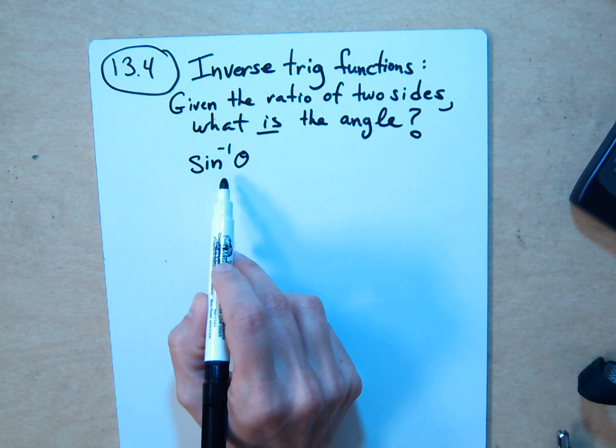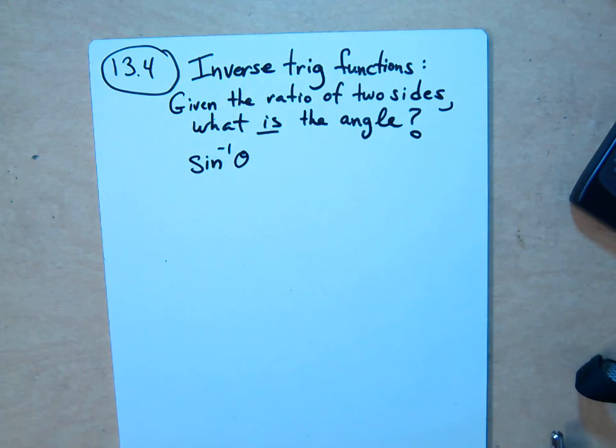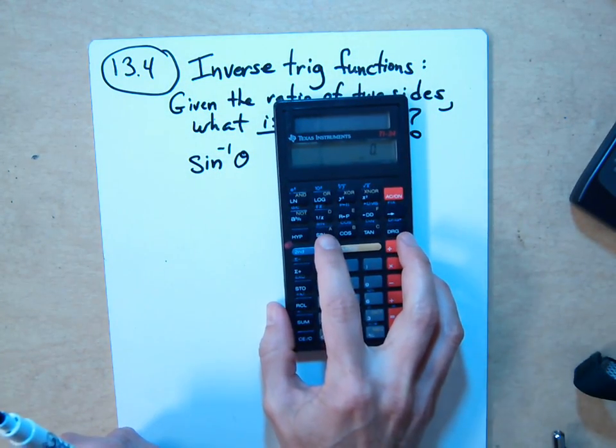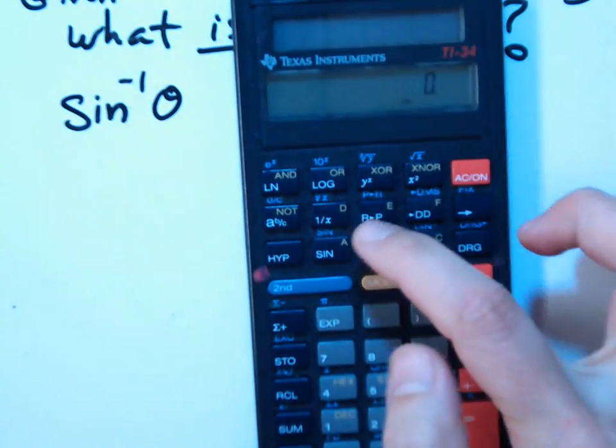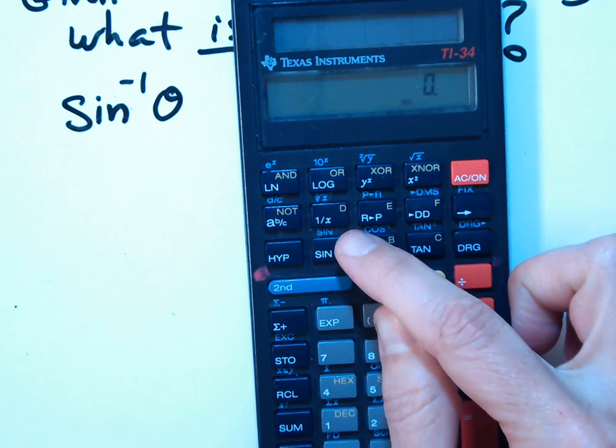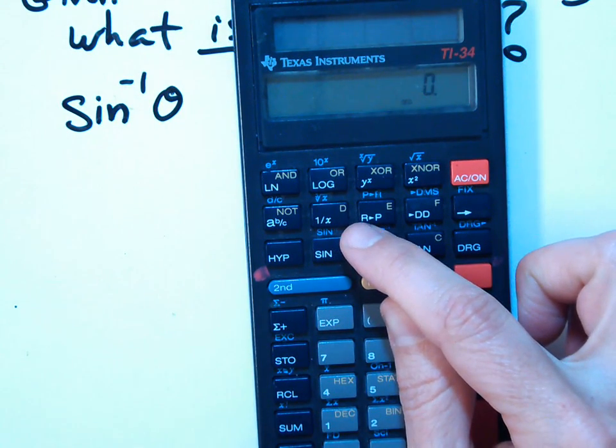It simply means take the inverse. You'll see it on your calculator above the sine button, a little tiny -1, and all it means is go the reverse way.